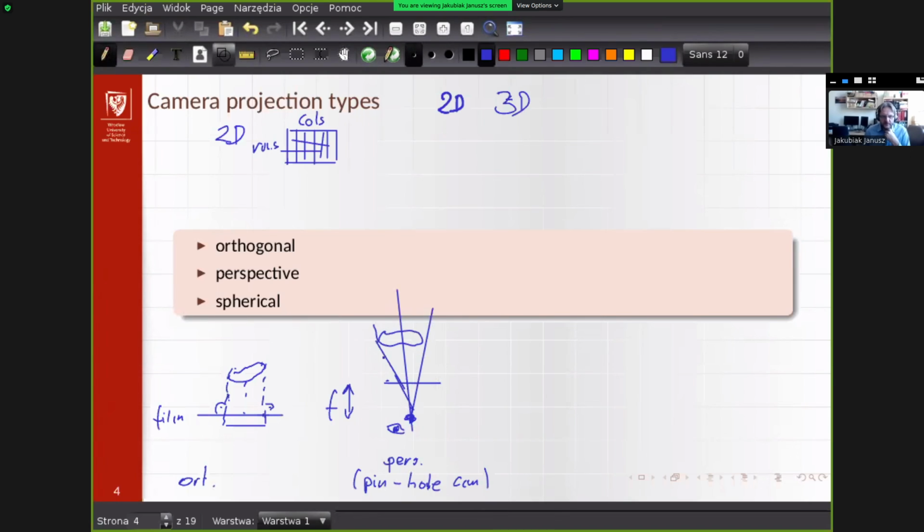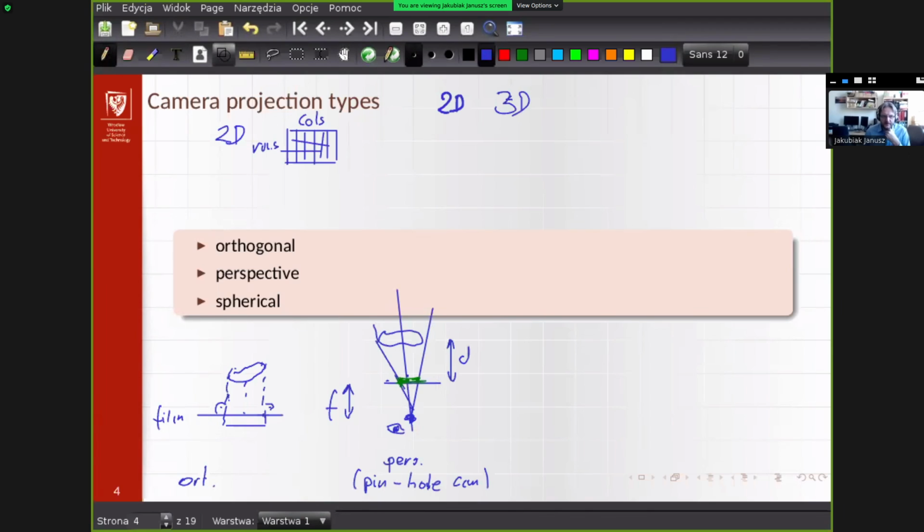This generally means that the image that appears on the film scales the original object depending on the distance to that object.